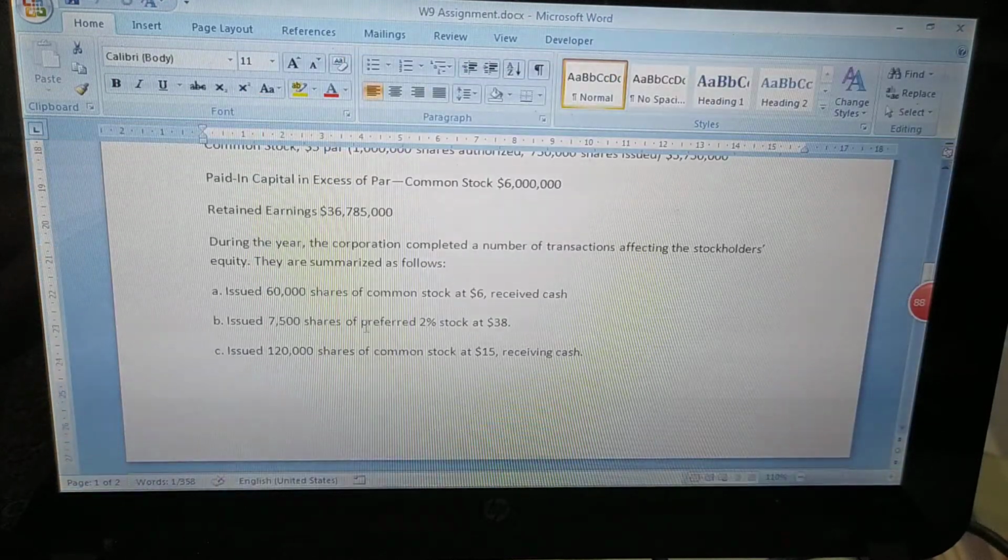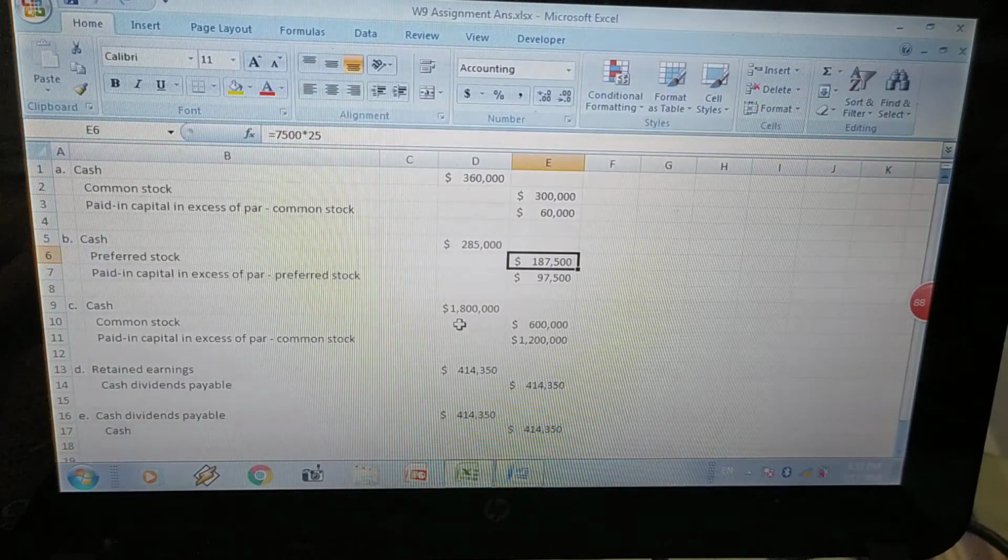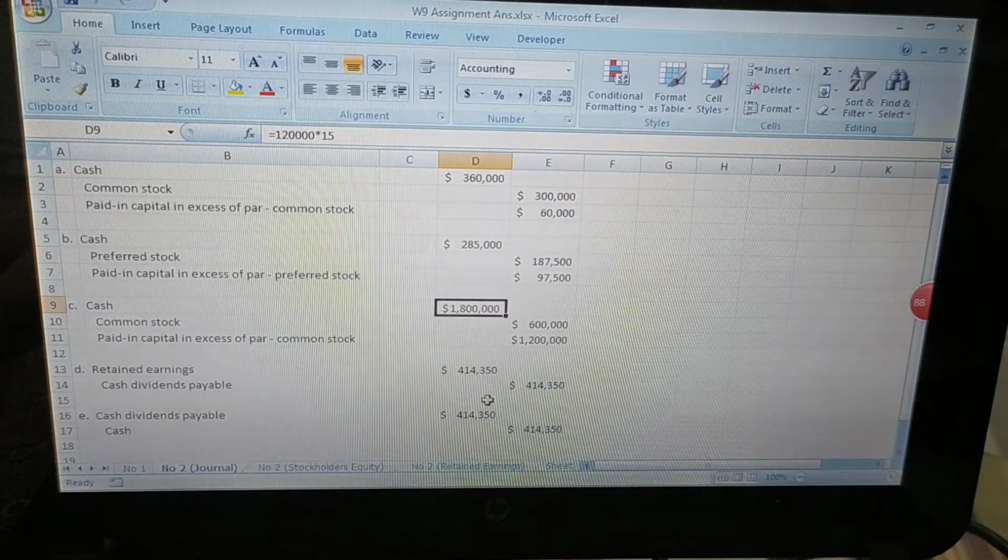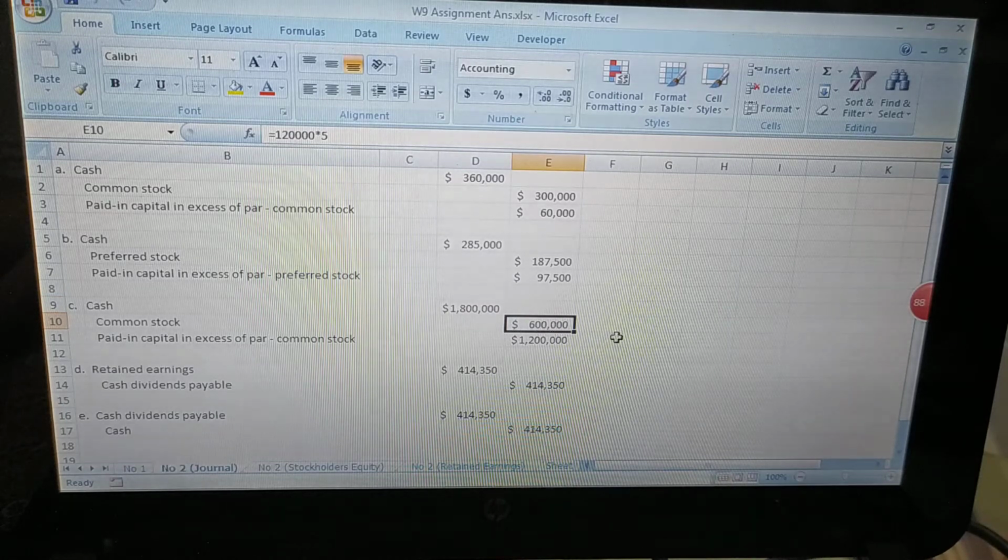And then C, issue 120,000 shares of common stock at $15, receiving cash. It is the same as A. So again, we use 120,000 shares times $15. For the common stock, we use 120,000 shares times $5, which is the par value.